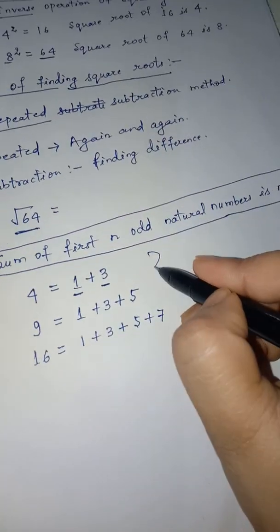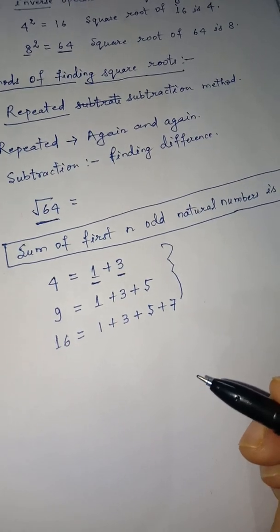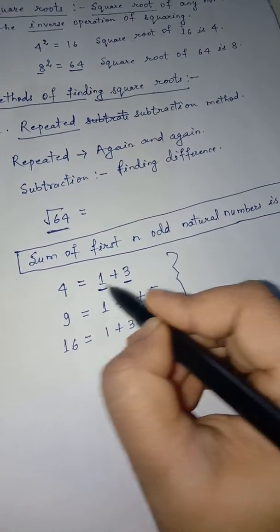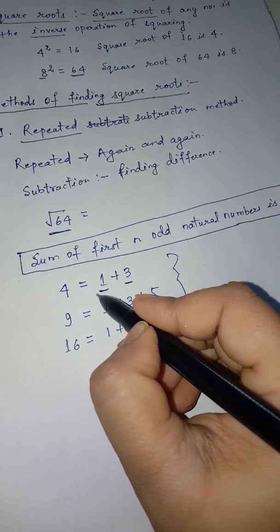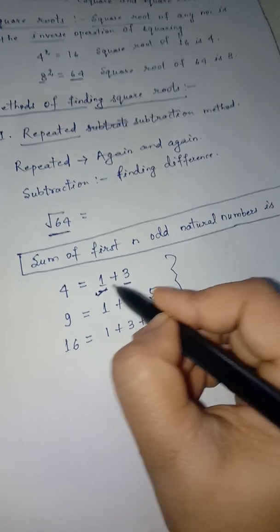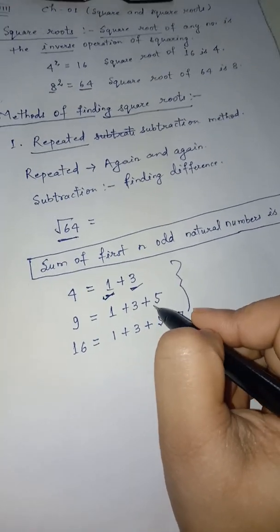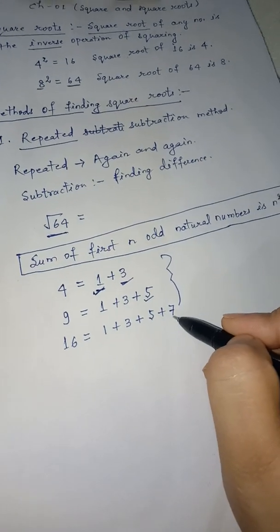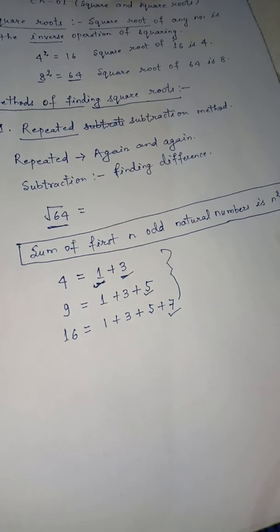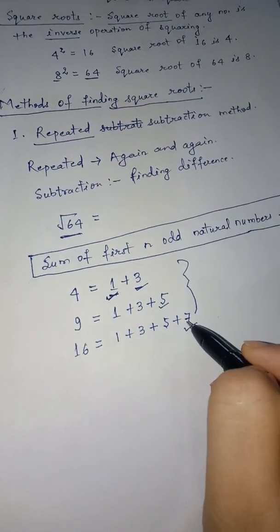So in these patterns, we have to subtract successive odd numbers. In the first step we subtract 1, in the second step 3, after 3 comes 5, after 5 comes 7, and so on, because odd numbers start from 1 to infinity.